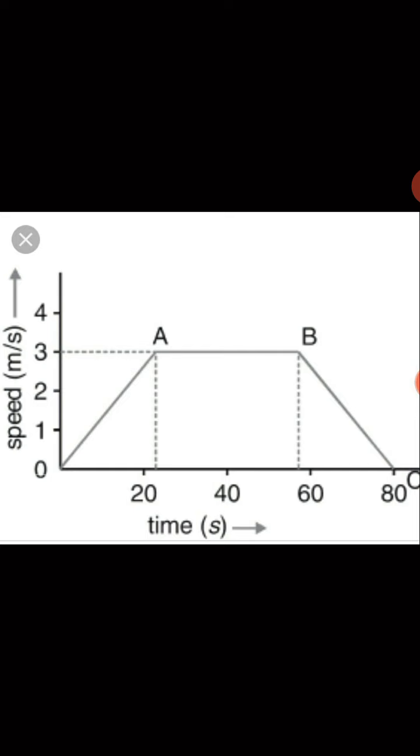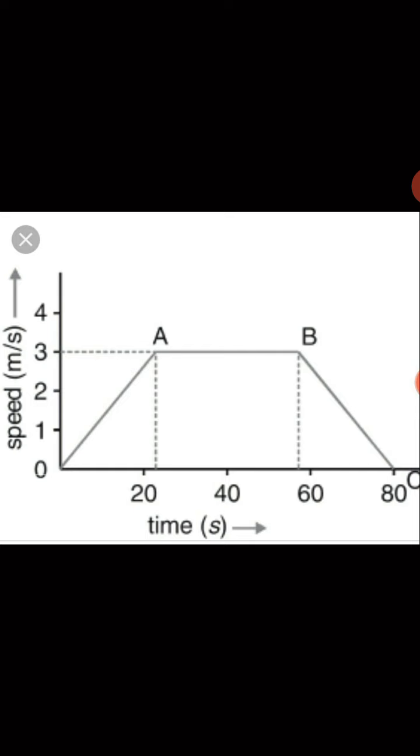From 22, there is a dotted line going upwards and reaching point A. Then if you move towards the left and find the value of speed for time 22 seconds, you'll get the speed as 3 meter per second. So after 22 seconds, the speed of the object is 3 meter per second.